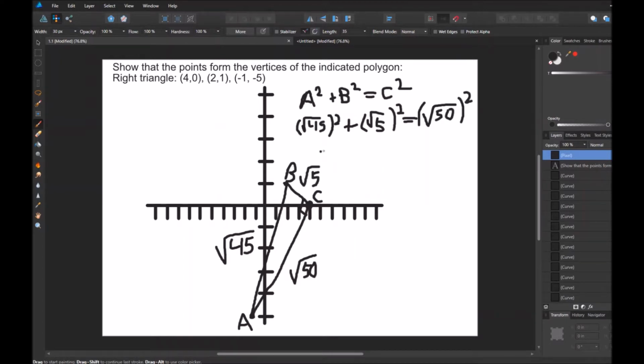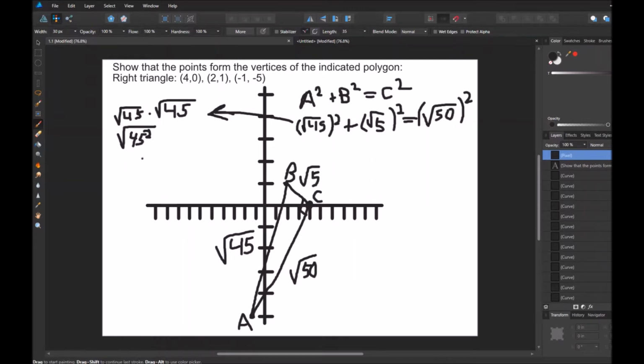So basically what happens here is the squaring cancels out with the square root, because essentially what you're saying is root 45 times root 45, which would give you the square root of 45 squared, which just cancels out, because a square root is asking for the number that when multiplied by itself will give you the number under the radical.